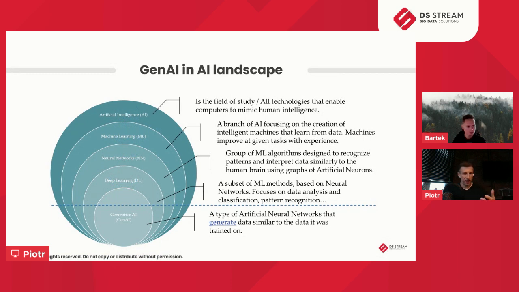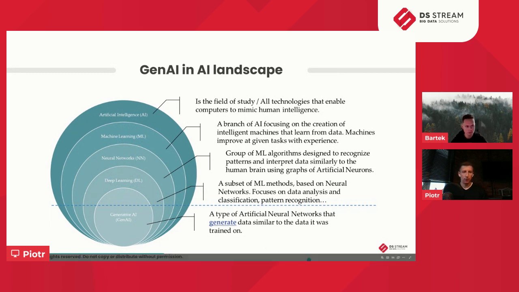So you can simplify that, this is more complicated neural nets. And a subdomain of that is actually generative AI. So generative AI is a kind of subfield in deep learning, so in advanced neural networks. And today we will be focusing on generative AI.